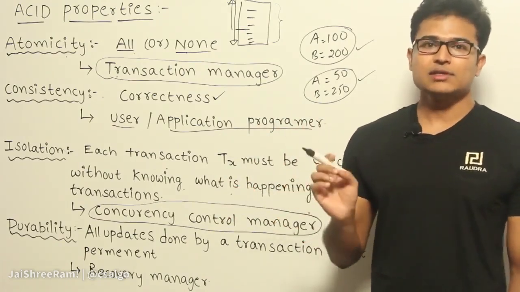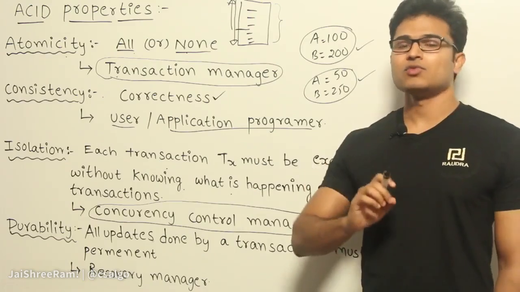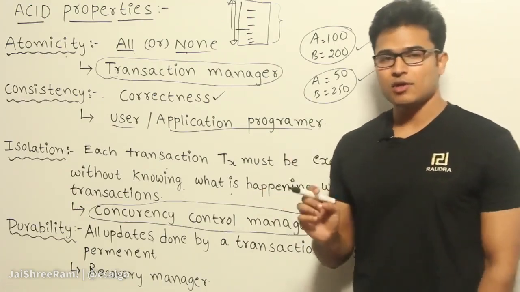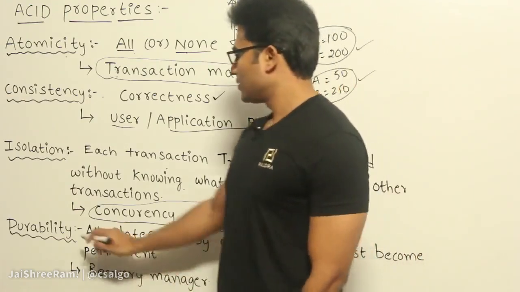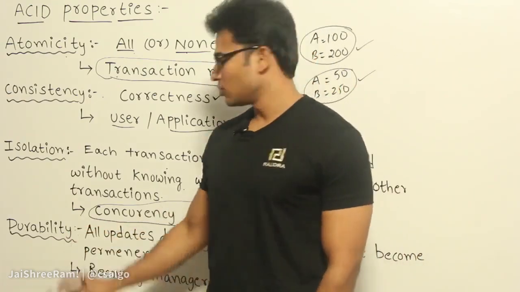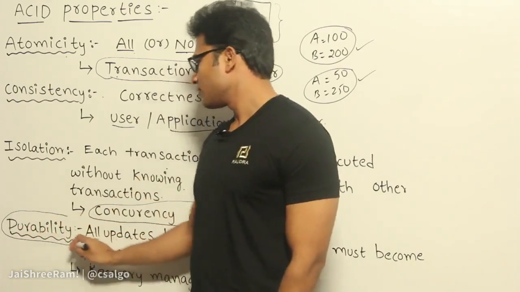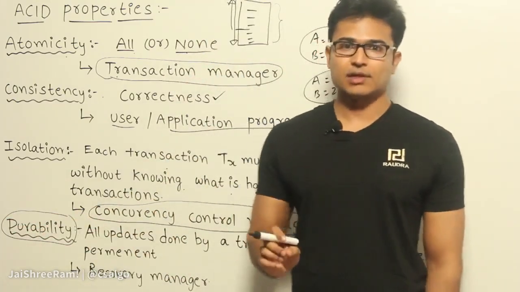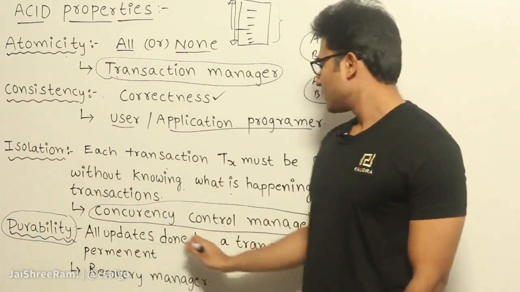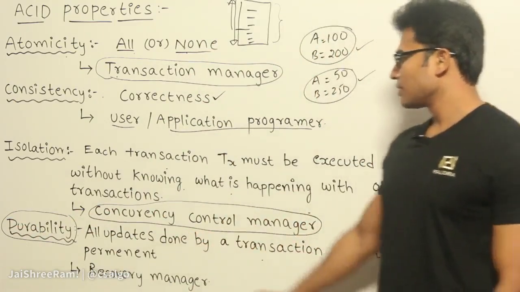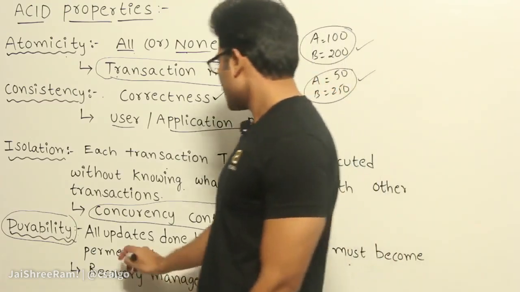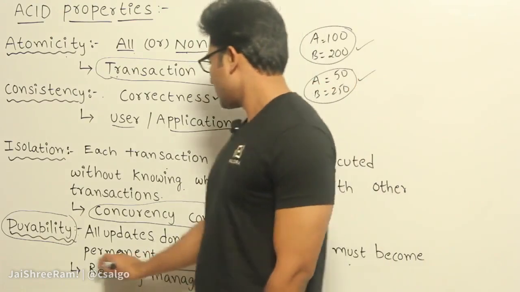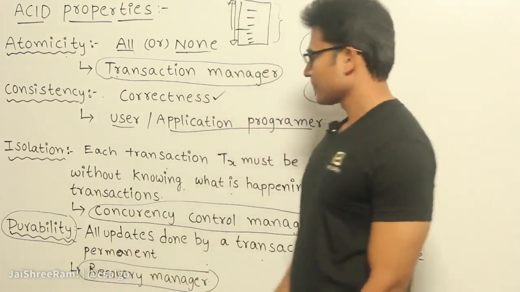Whatever changes you made and want to be permanent should be permanently available. If not, it is going to be a problem. So durability says that whatever modifications you do should be permanently present in the database. All the updates done by a transaction must become permanent. So who is going to do this? The recovery manager is going to do this, right?